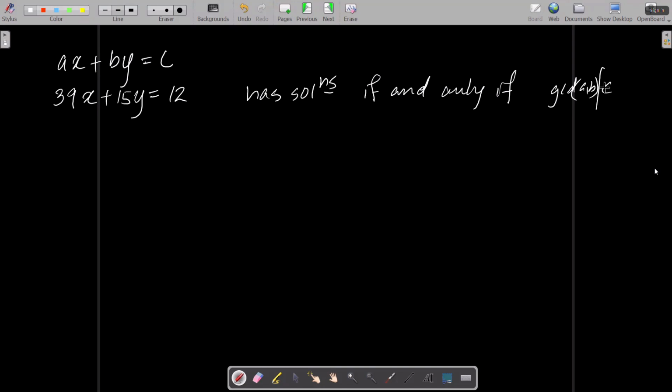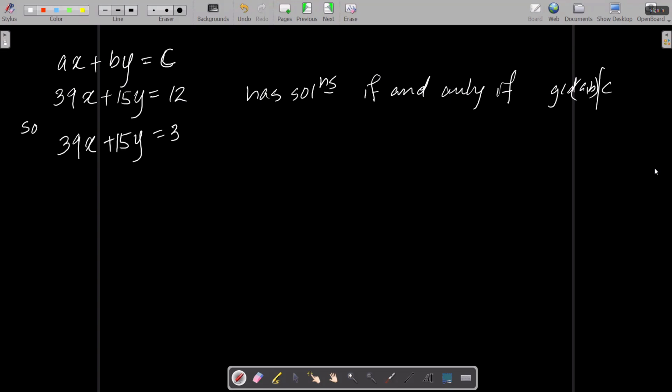If this condition is not satisfied, this is not going to work, because this will not have answers. Therefore, this condition should be there. So instead of solving this for C, you can solve this equation. Now for this one, the GCD of A and B is 3 and 12 is 3 times 4. You can instead solve this equation.